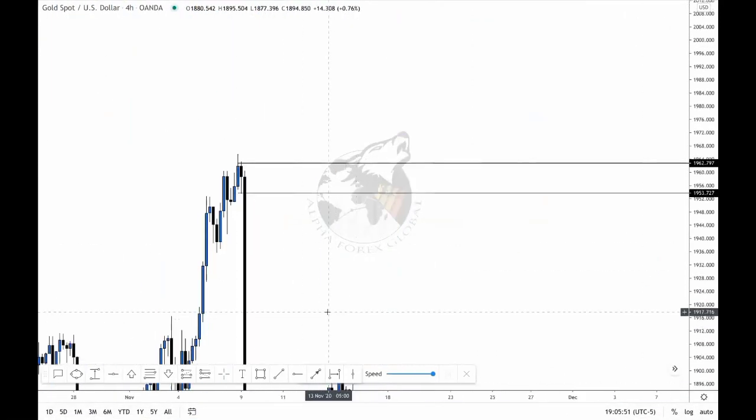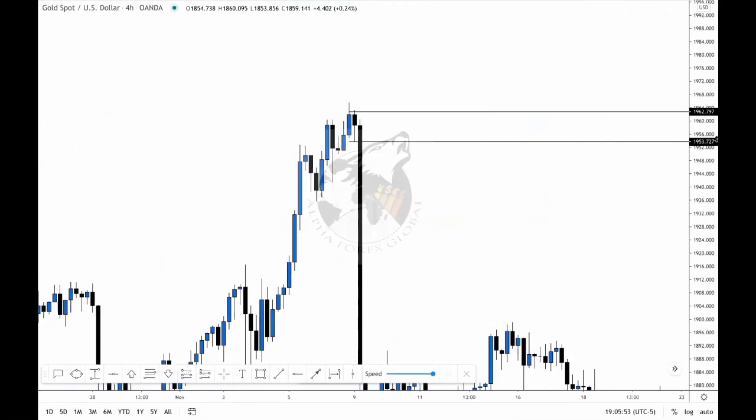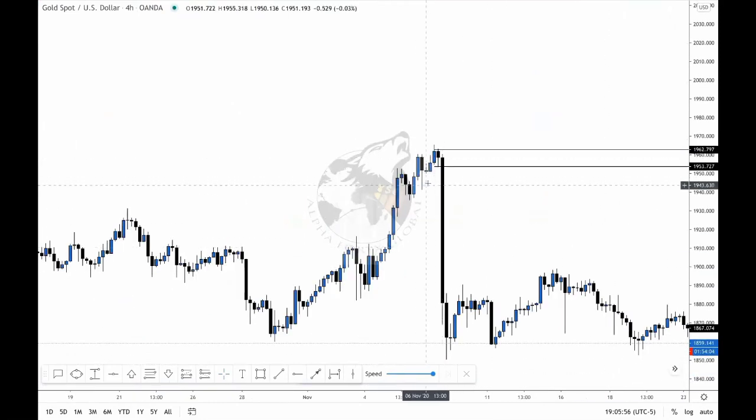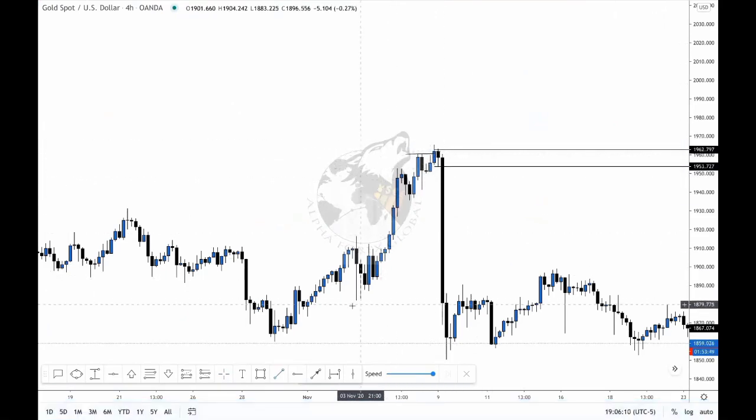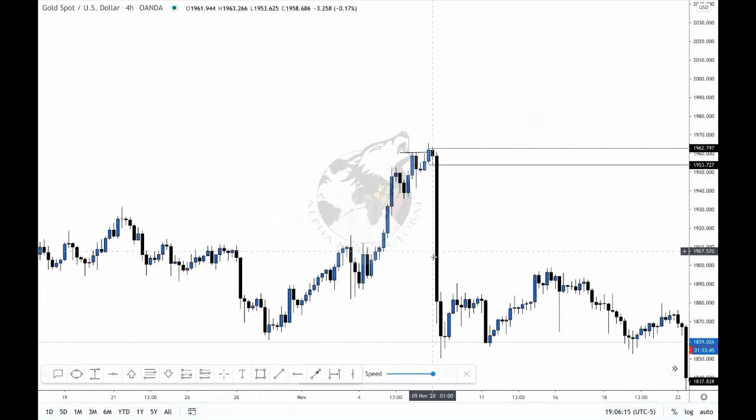This was a huge drop on gold. The market took out some liquidity from this equal high, created this order block right here, and then the market fell and broke structure. But then we had this huge inefficiency, this huge gap.